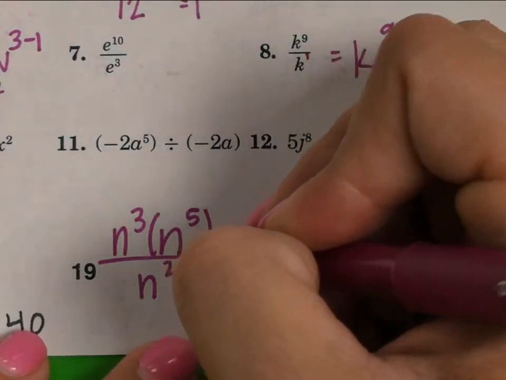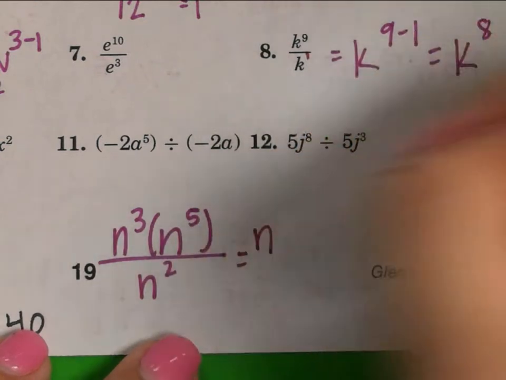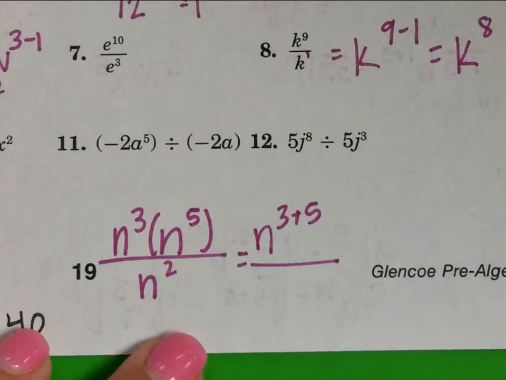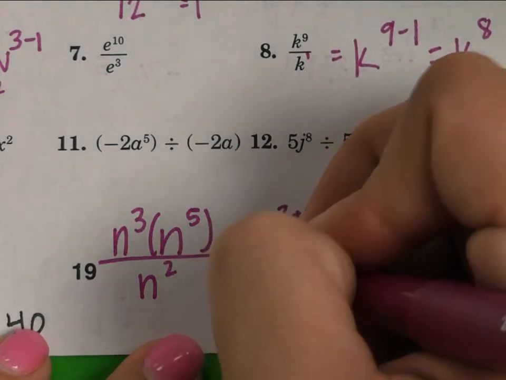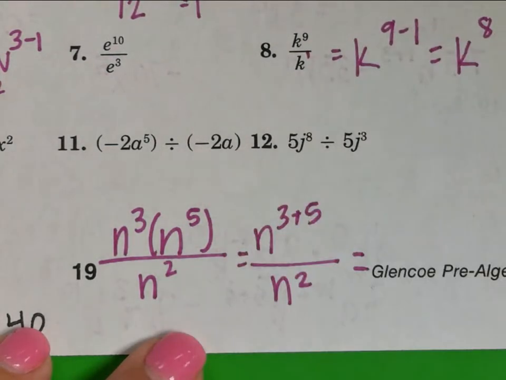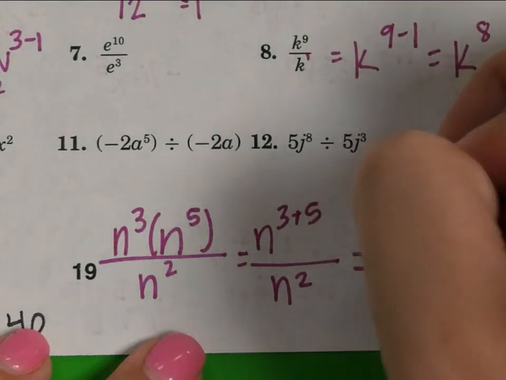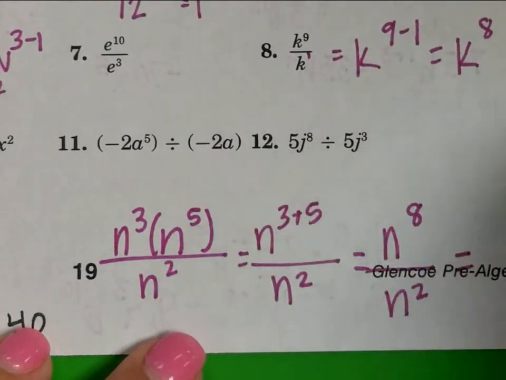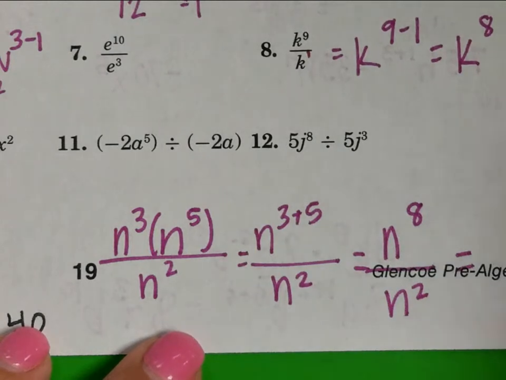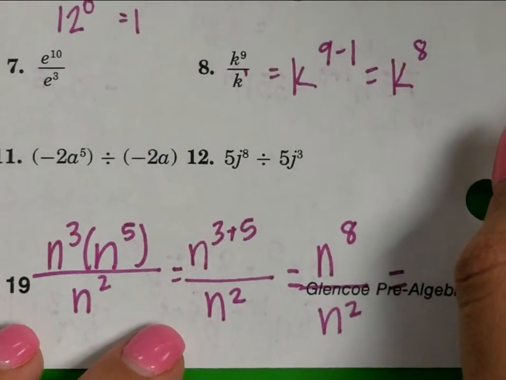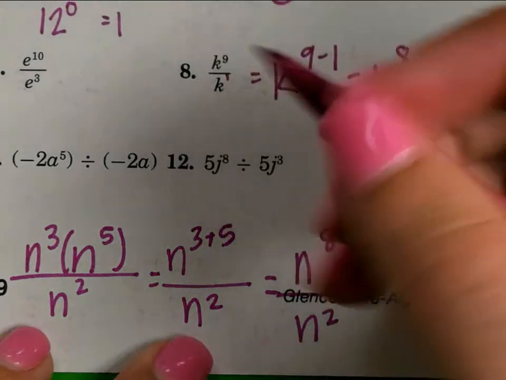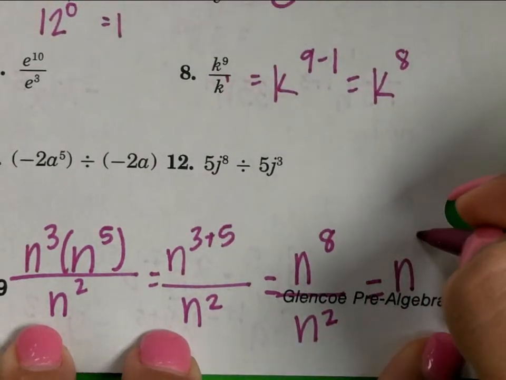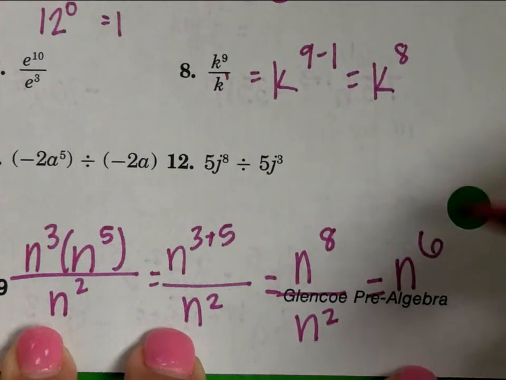Right. I'm multiplying, right? So when I multiply monomials, that means I'm adding those exponents. So it'll be n to the 3 plus 5 over n squared, which would give me n to the 8 over n squared. And then what would all that simplify to? N to the 8 minus 2, which would be what? N to the 6.